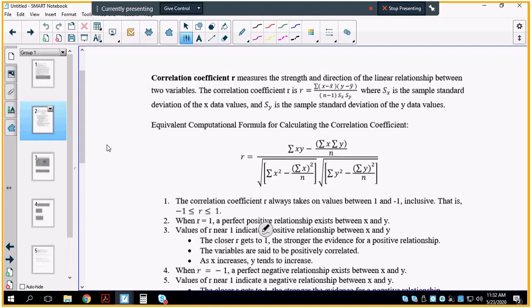The correlation coefficient R is calculated by a mathematical formula which precisely reads as the deviation of a data x from the mean multiplied by the corresponding deviation of the corresponding data y from the mean, and adding them up over the scope of all the data, divided by sample size minus 1 times the standard deviation of the x variables multiplied by the standard deviation of the y variables.